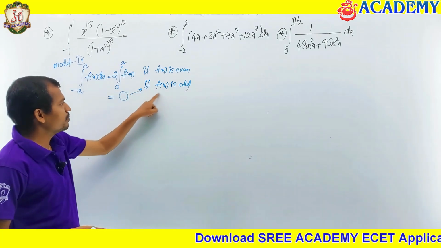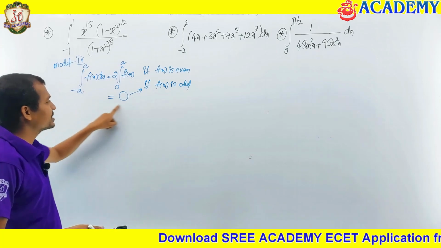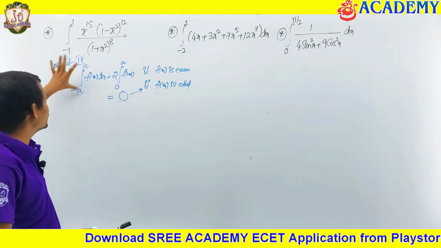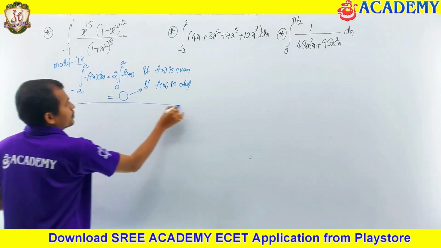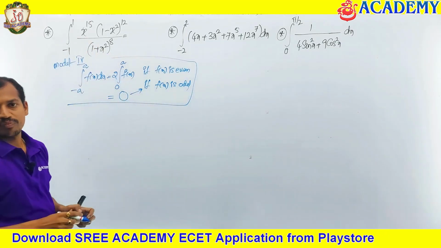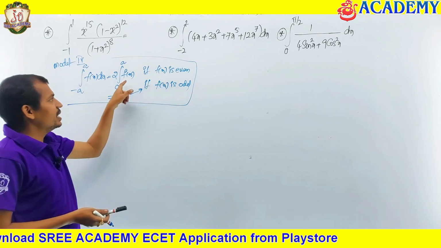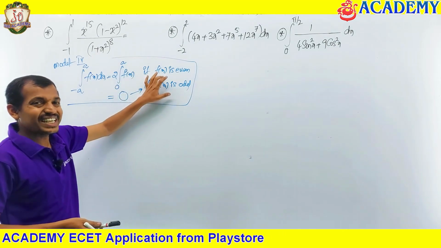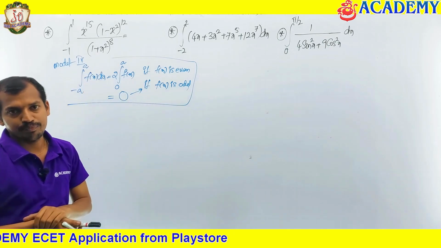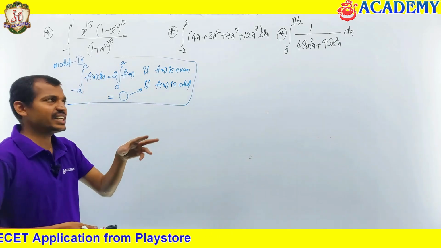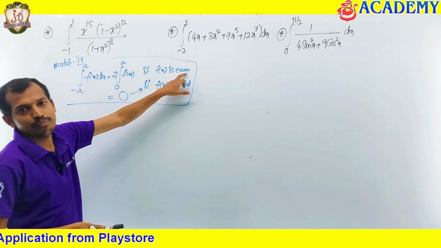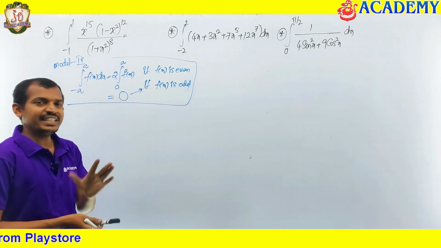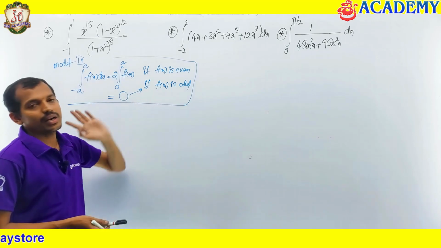Most of the time, based upon this condition only you will get the answer. Why? Because we can write the answer directly if you know this property. How to check even or odd function: you have to replace x with minus x. If you get the same function, it is even. If you replace x with minus x and get minus f of x, it is odd.